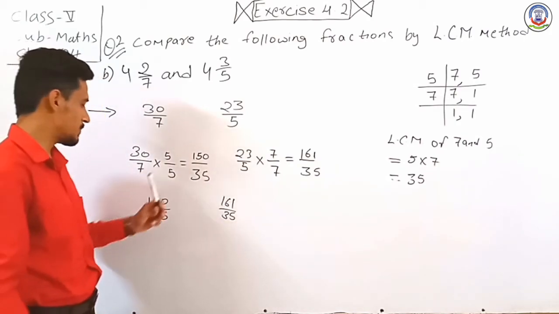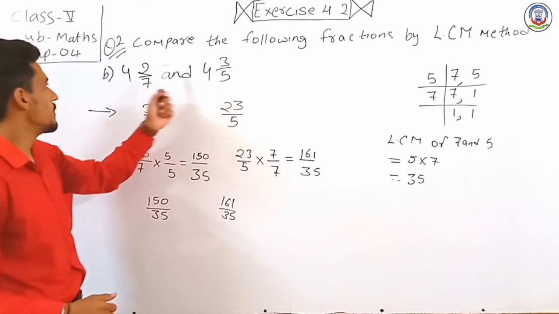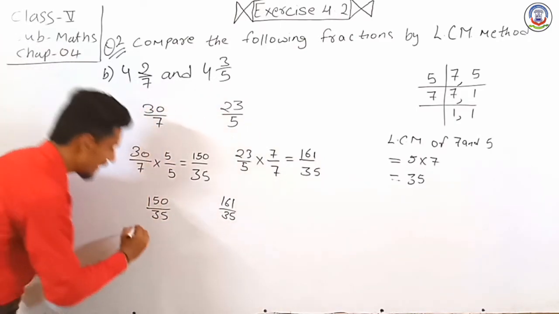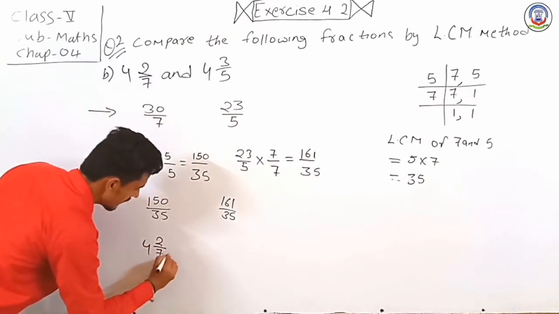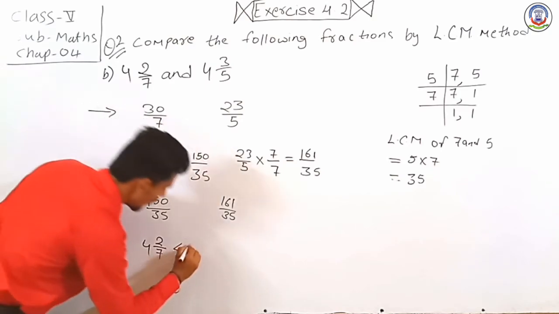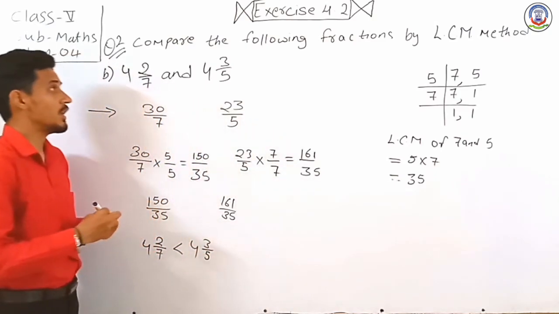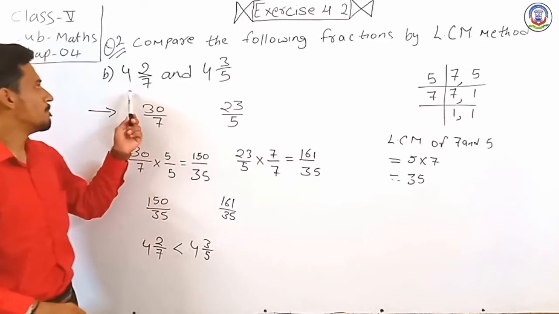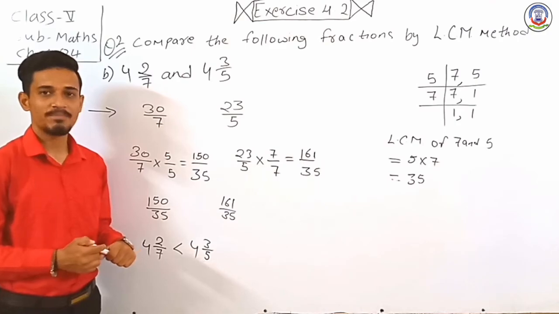So 161 is bigger than 150. So this fraction is bigger than this one. So we can write here 4 integer 2 upon 7 is smaller than 4 integer 3 upon 5. So in this way we can compare the mixed fraction by LCM method. Okay.